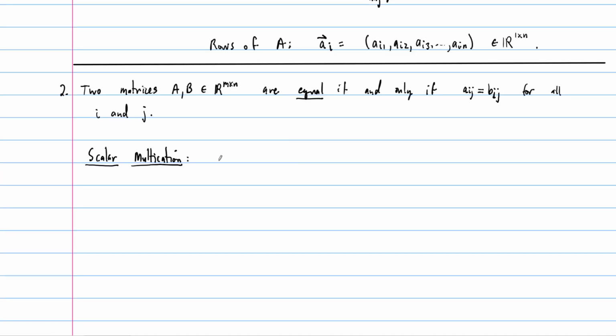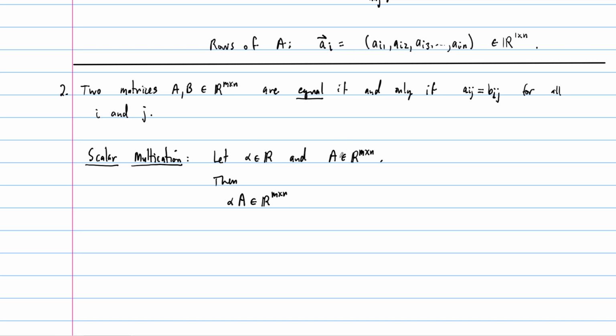But anyway, scalar multiplication. So here's how it's going to work. If we let alpha be any real number, and A be a matrix of any size, call it R M by N, then here's what we need to define. So alpha times A is another matrix in R M by N.